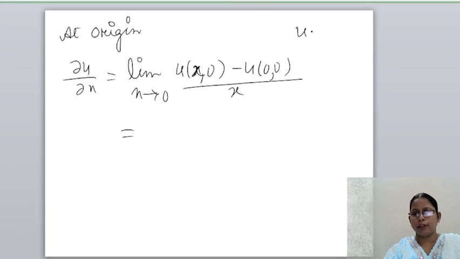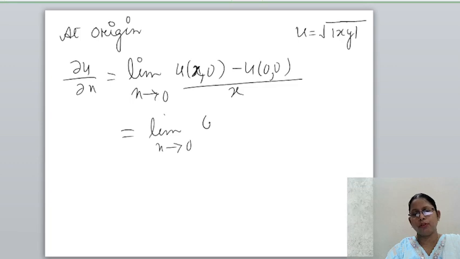Our u is root over mod of xy. If we put y equal to 0, then the whole u is 0. Therefore, it will be limit x tends to 0 of 0 minus 0, divided by x. 0 by anything will be 0. Limit x tends to 0 will be 0.